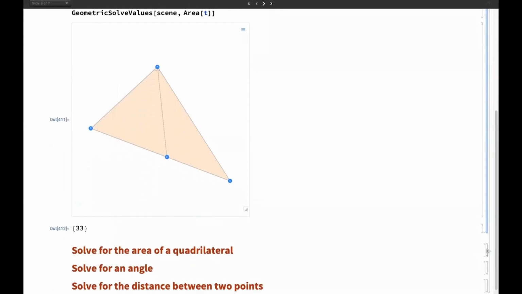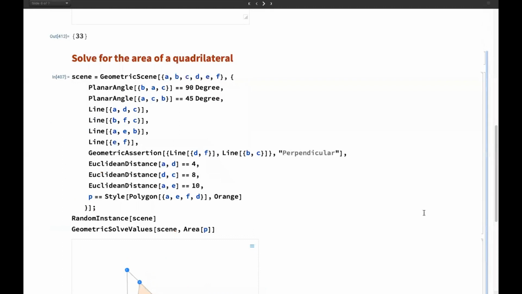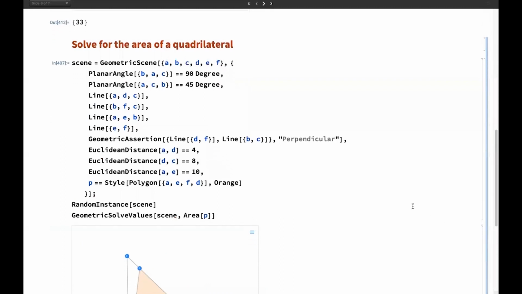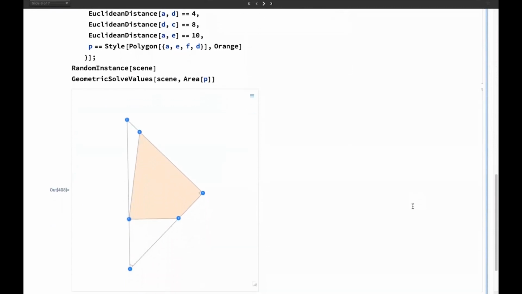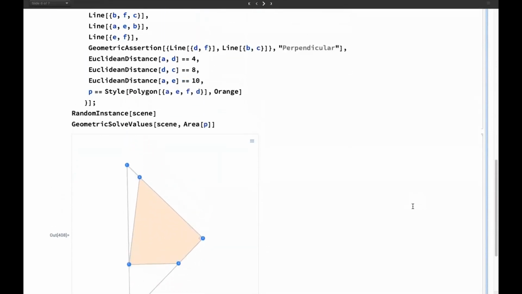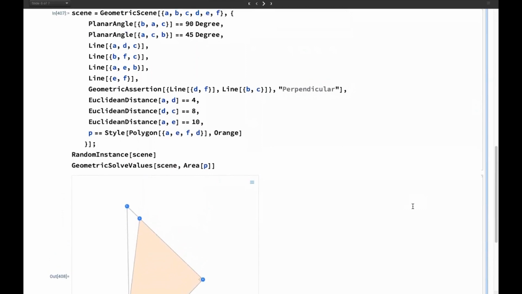Let's try another example. So here we've got a quadrilateral. We can look at this picture. So what givens do we have?